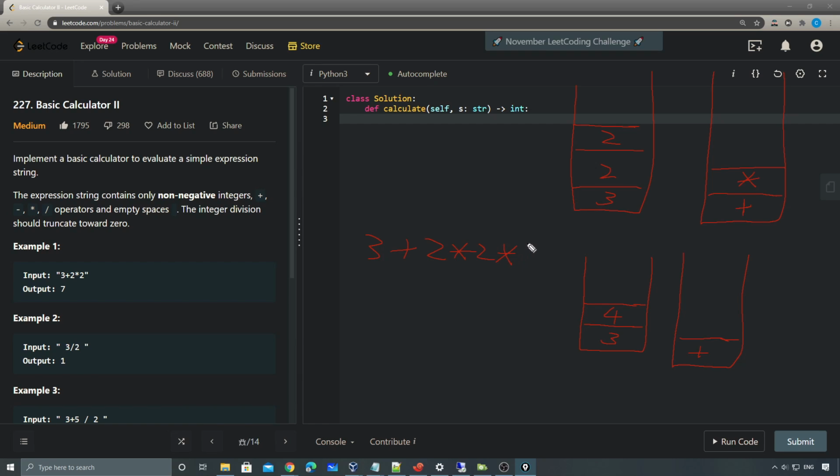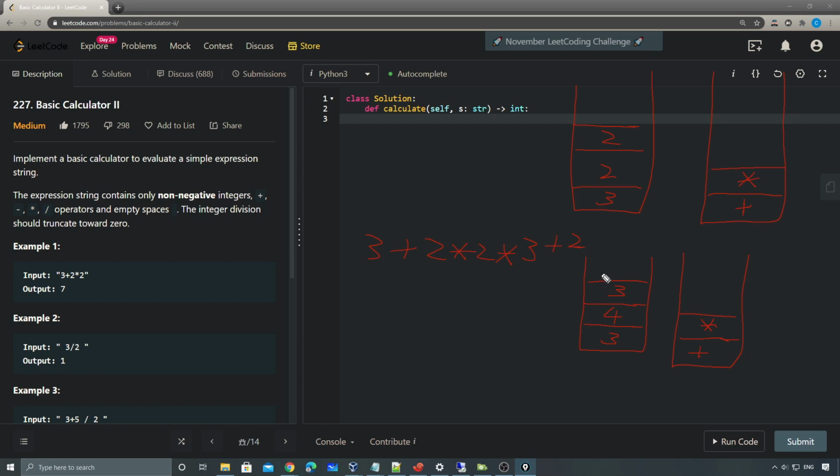Let's say we have another 3 here, and then another multiply. Okay, so this part is gone. Now let's say the next one is plus 2.